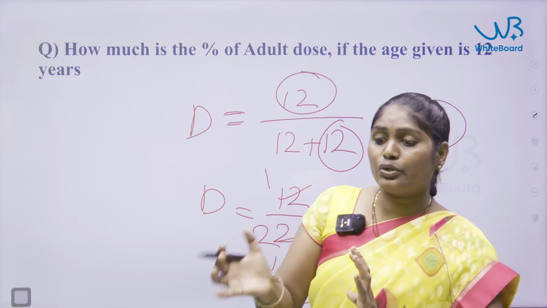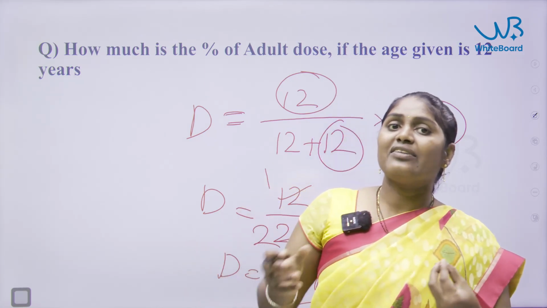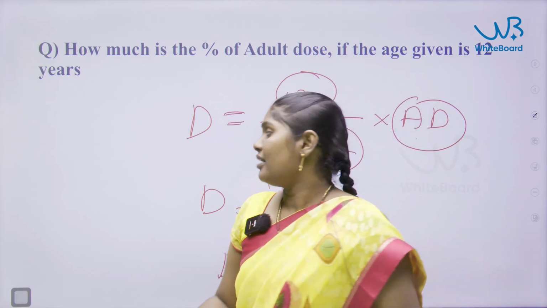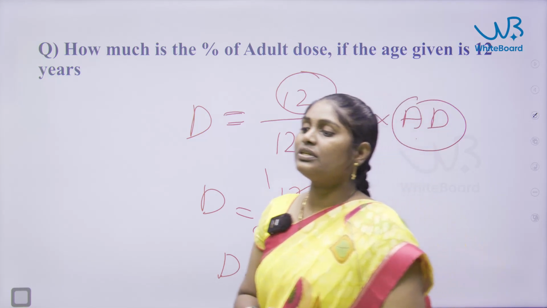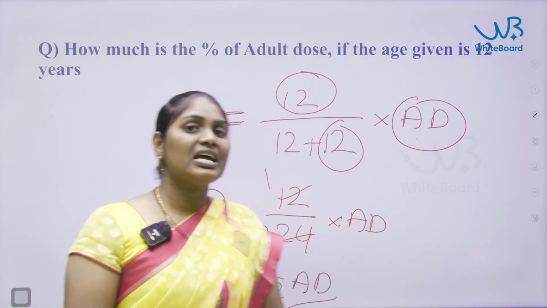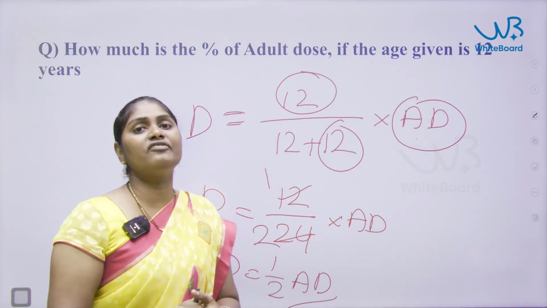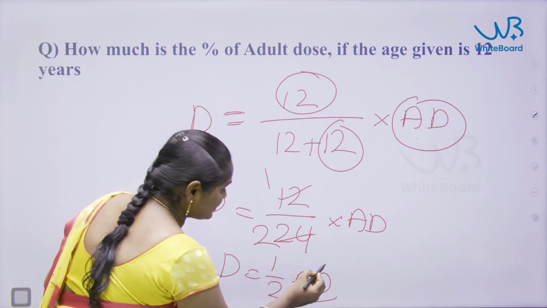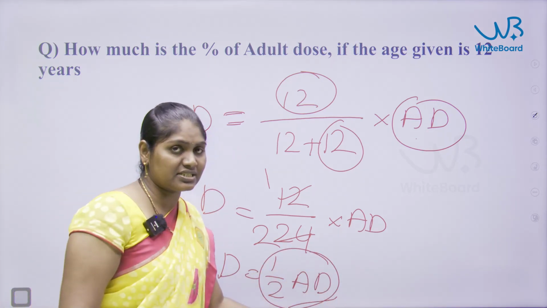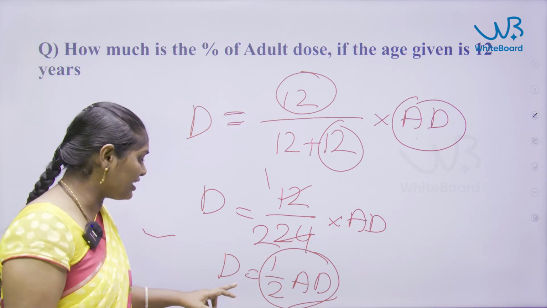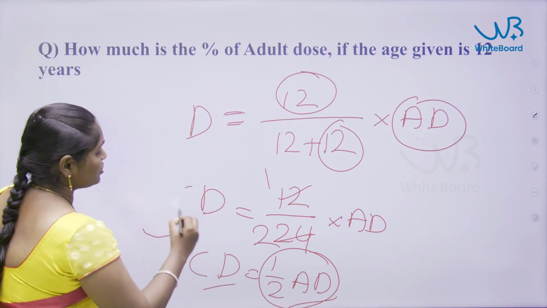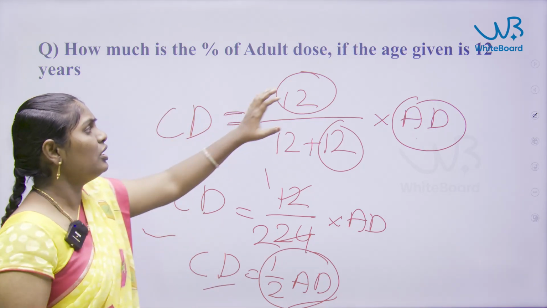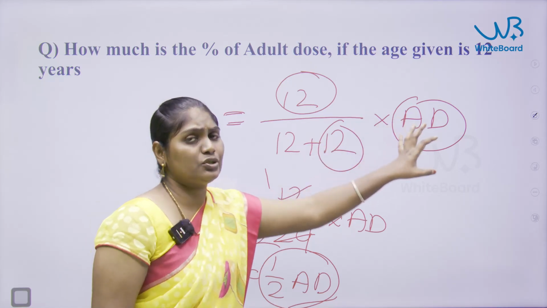And if they didn't give you the correct options, you can just halve the adult dose that is given, and that will be your child dose. So the child dose is equal to 12 by 12 plus 12 into adult dose.